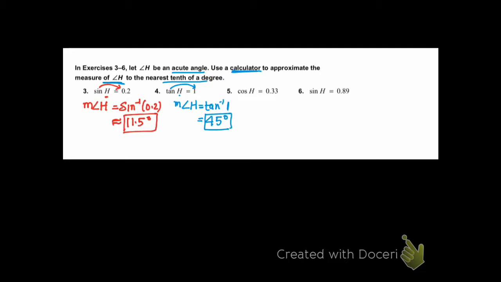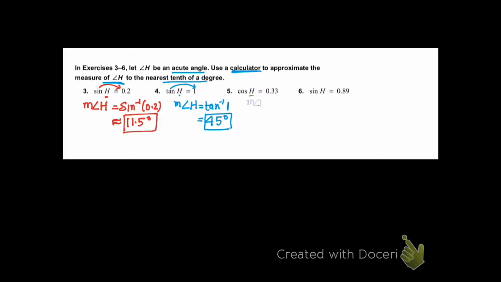Same thing, if I want to find the value for angle h, question number 5, if I need to find how much h is here, we can find it out by taking the inverse trigonometric ratio.